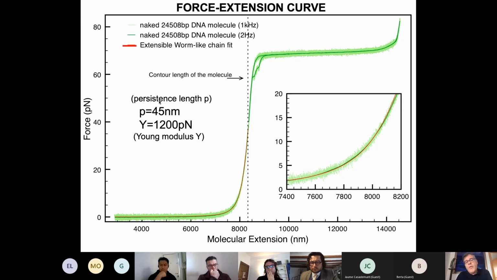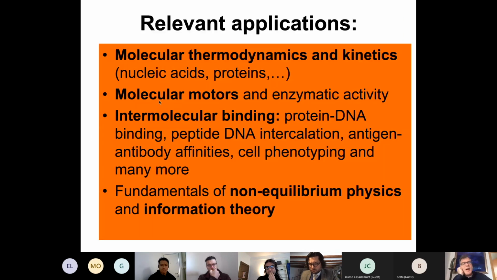Okay. So the applications of force spectroscopy and optical tweezers are large. Here I listed a few examples: molecular thermodynamics and kinetics, nucleic acids, proteins, sugar polymers, lipids. It can be applied to any sort of relevant biomolecule.